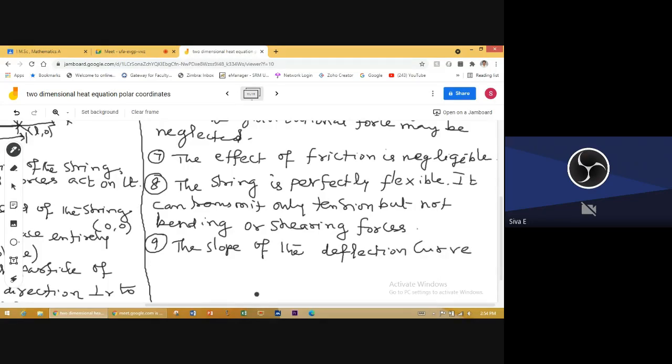The slope of the deflection curve is small at all points and at all times.